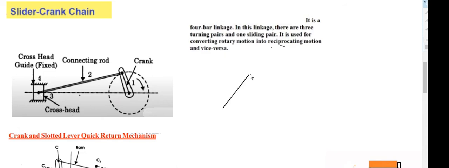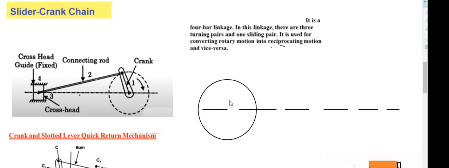So this is a crank. When you draw it, it is better to draw the axis first, so the horizontal axis. Then you draw a circle by which the crank rotates.